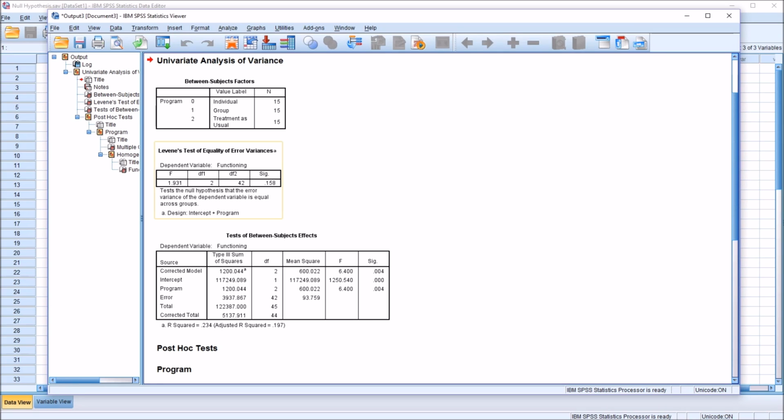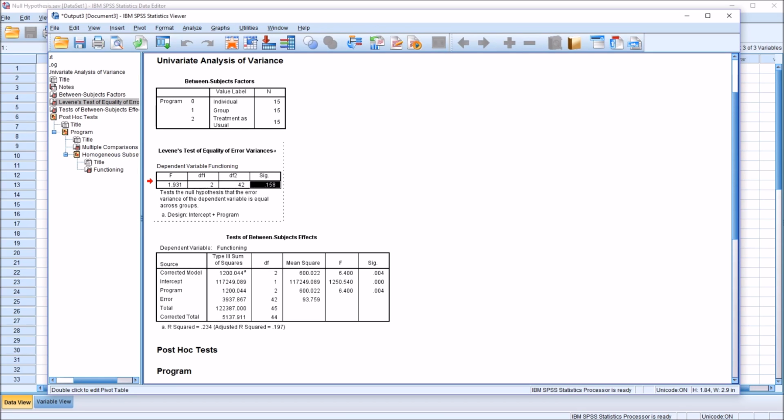So when looking at this p-value, which is right here in this table, 0.158, this is a non-statistically significant result with an alpha set at 0.05. Now we set the alpha in advance. The alpha of 0.05 is fairly common in the social sciences.